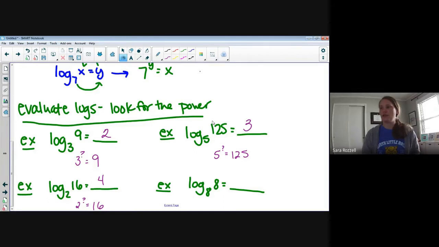All right, try the last one. 8 to what power gives you 8? Put your number down for your answer. When you think you got that one, put your answer in the chat. 8 to what power is 8?